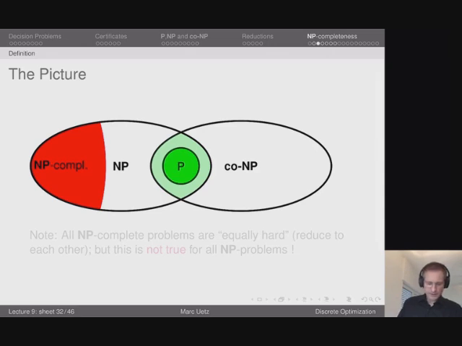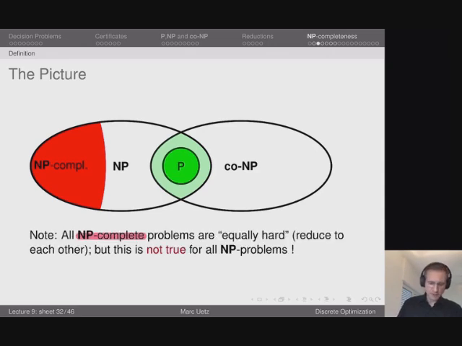Notice that this also immediately implies that if I pick two problems which are both NP complete, they can both be reduced to each other. So in terms of computational complexity, they are equally hard with respect to polynomial time solvability. This is true for any two NP complete problems, but it's not true for all problems in NP, in particular as NP also contains the polynomial time solvable problems.